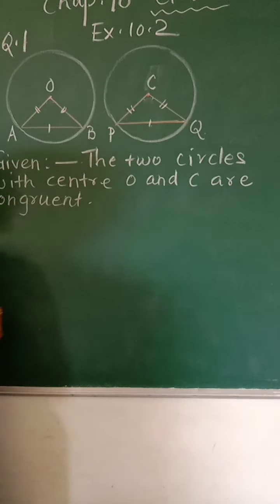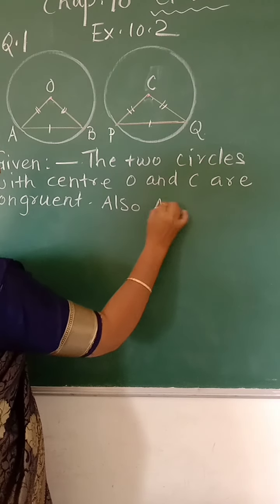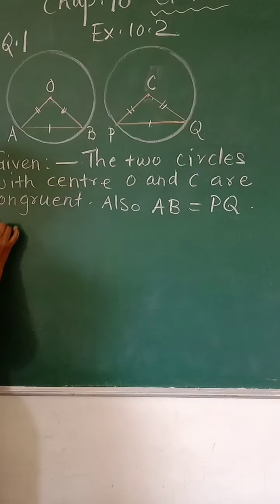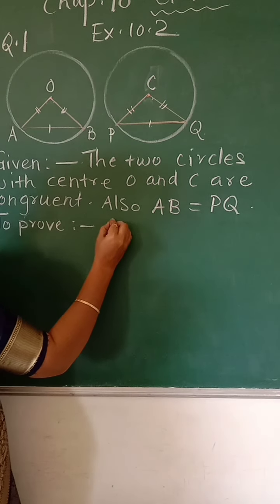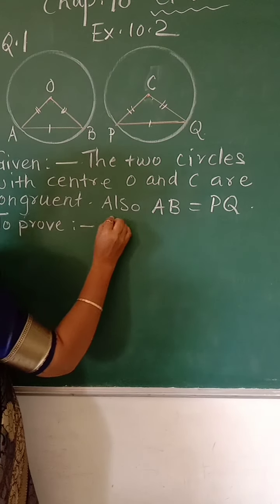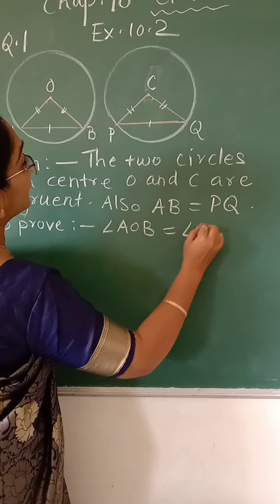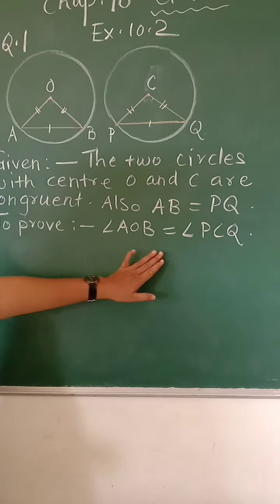And one more thing is given: also AB is equal to PQ. This is also given. Now what we have to prove? That is, these two angles are equal. That is angle AOB is equal to angle PCQ. So these two angles we have to show equal.